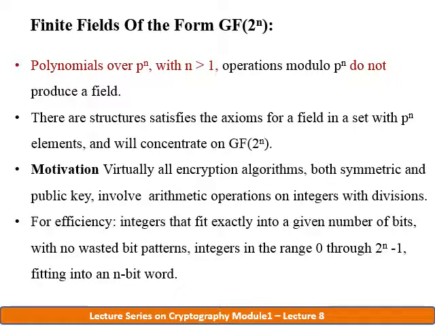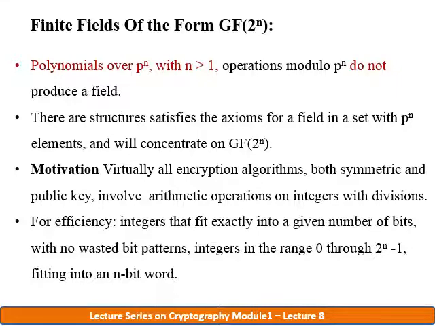If you take a prime number and its power n with the modulo of p to the power of n, that does not produce a field. It means that whatever polynomial we may be finding in this condition may not follow the axioms A1 to M7. So that is what is mentioned.